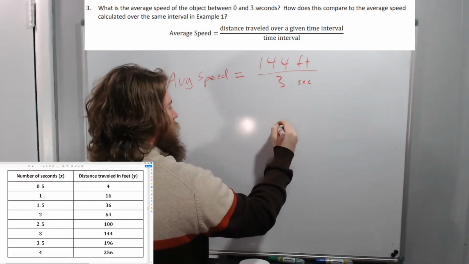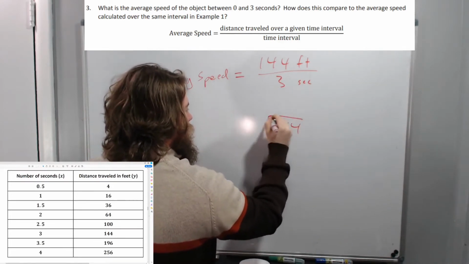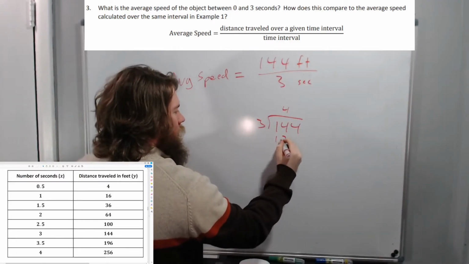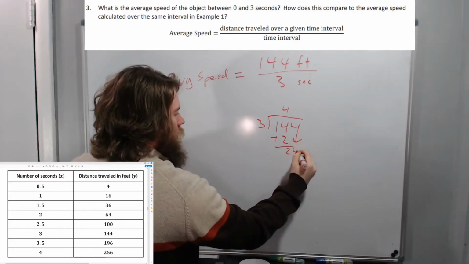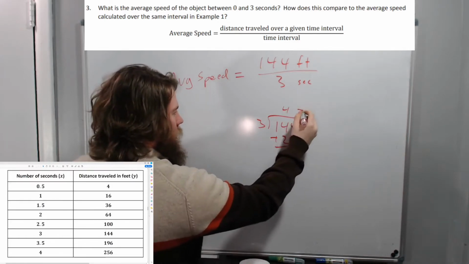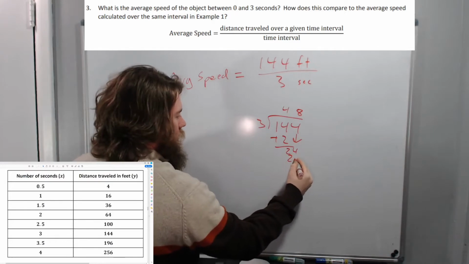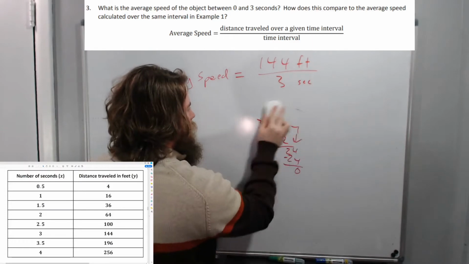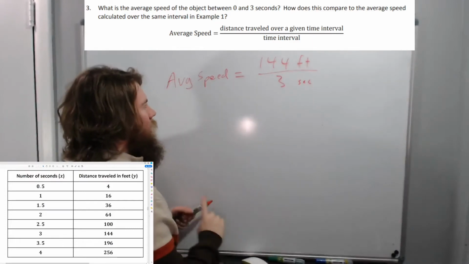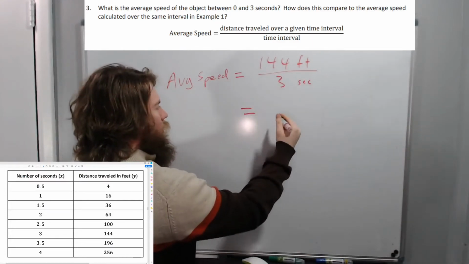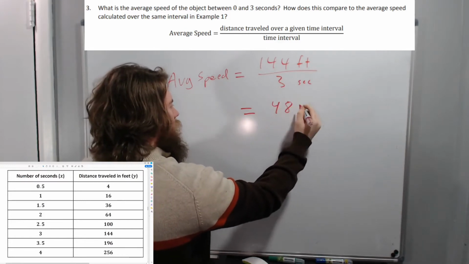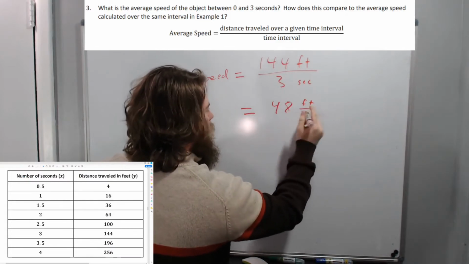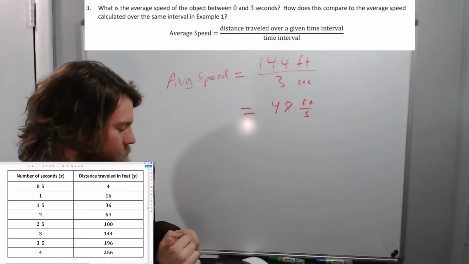So 144 divided by 3: 3 goes into 14 4 times. 3 goes into 24 8 times. We're done. So the average speed over those first 3 seconds was 48 feet per second. And I'm just going to write seconds as s.